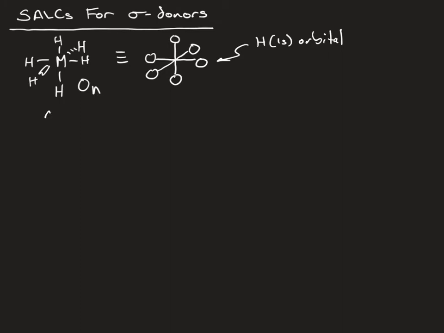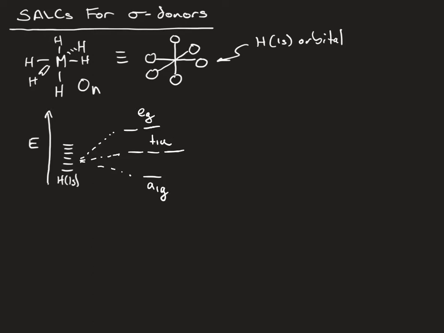So here's the result from the derivation of these SALCs: our 6 hydrogen 1s orbitals in OH symmetry split into an EG set, a T1U set, and an A1G. The A1G is your totally symmetric combination, so all of those hydrogen 1s orbitals are in phase.